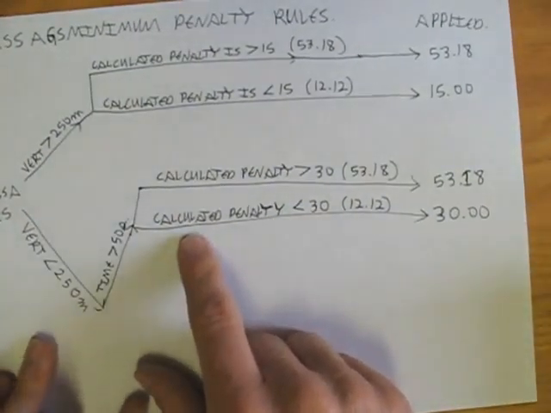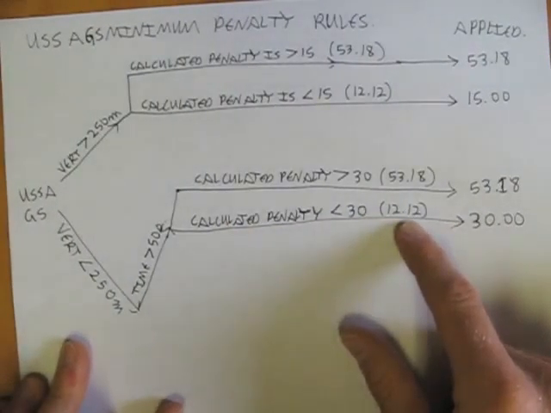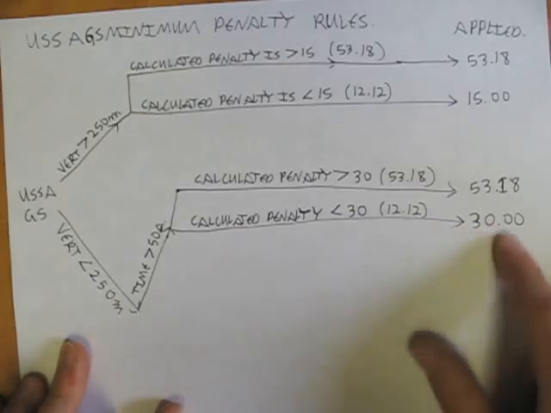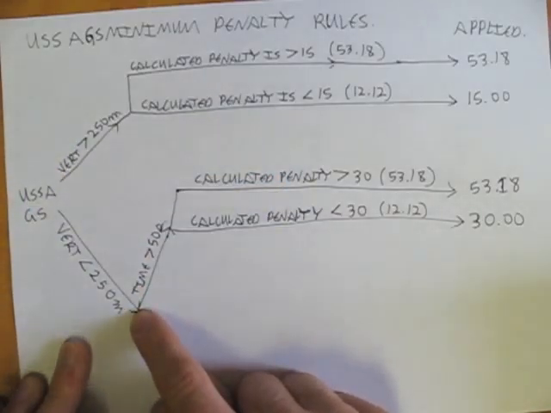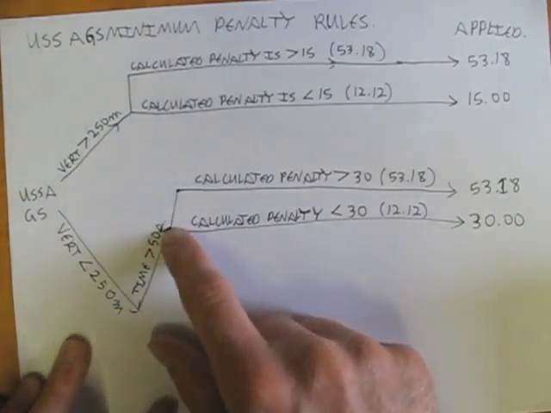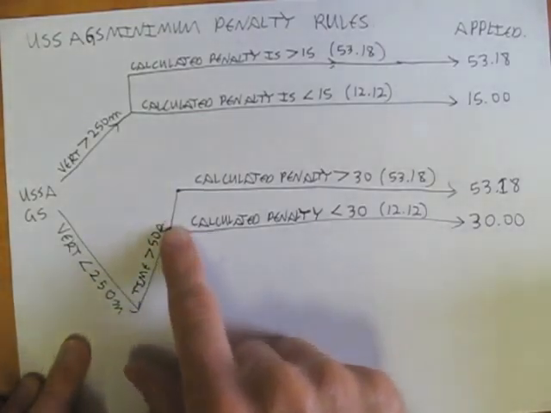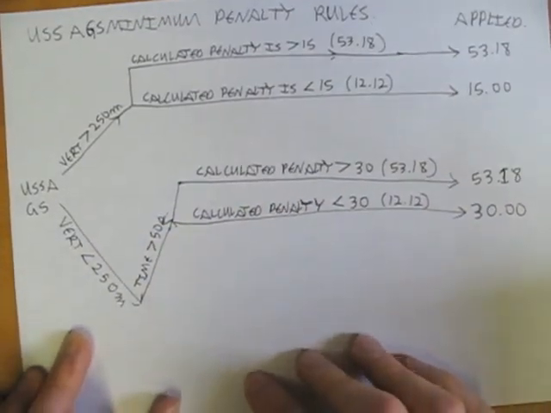Now if your calculated penalty is less than 30, say for an example 12.12, then you apply 30.00. So this is if your vertical is less than 250 meters, but your winner's combined time is greater than 50 seconds, now your minimum penalty is 30. Just follow the flow chart.